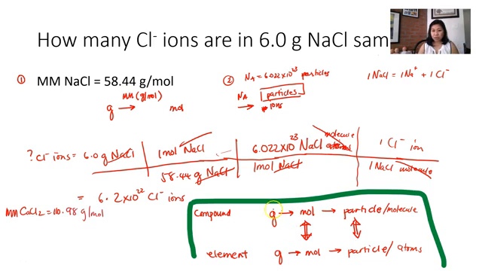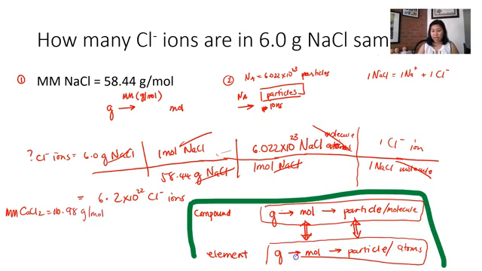So you have this mole map for your compound, that's your sodium chloride, and this mole map for your element, and in this case, your chlorine. And if you're given the mole of your compound, you can actually go and figure out the mole of the element through this way. Or if you're given the individual particles or molecules, you can calculate the individual atoms.